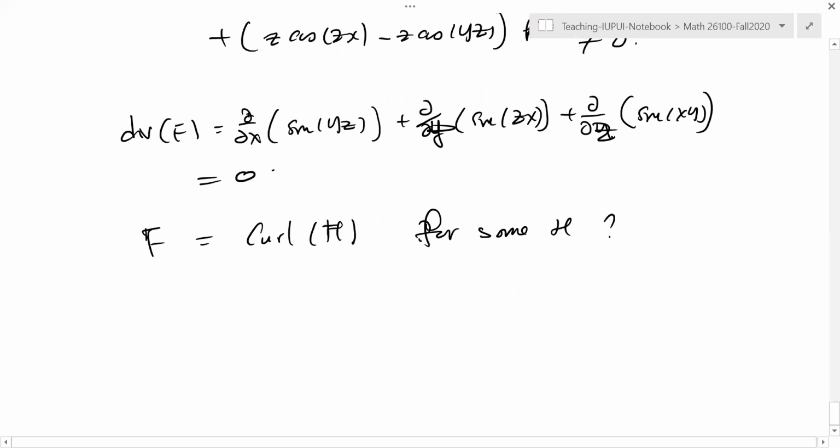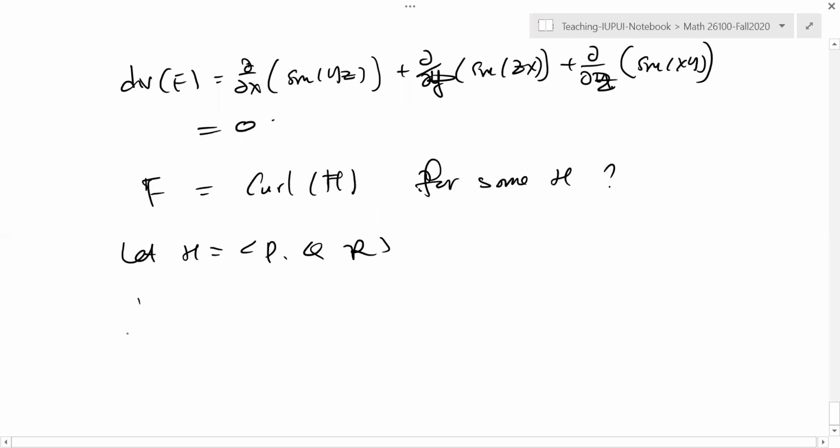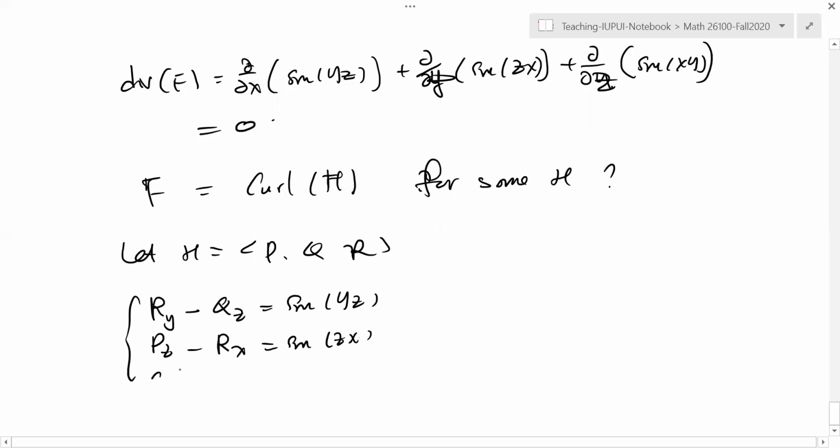So if you let h be (p, q, r), you have to find the three functions of three variables. That's the difficult part. I'm going to write down the three equations: p_y minus q_z should be the first component, and then p_z minus r_x is the second component. Maybe by guessing and trying, we can get this.